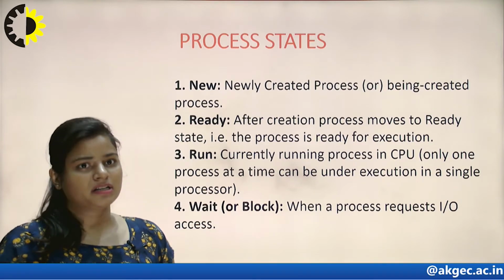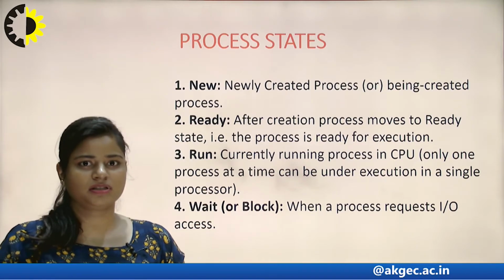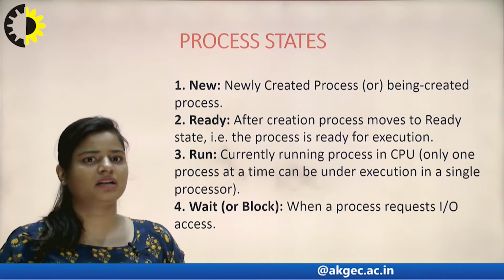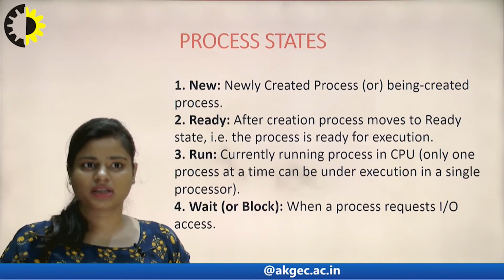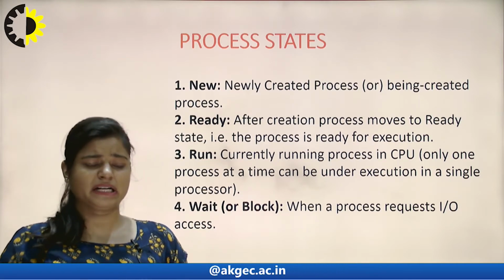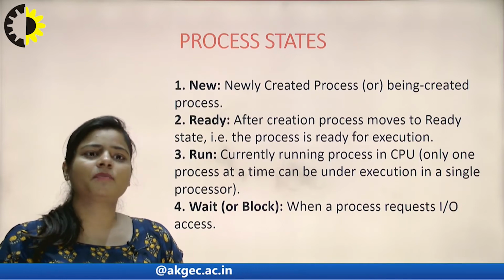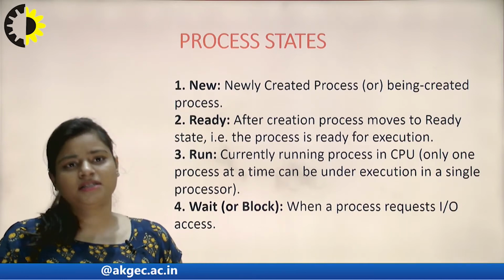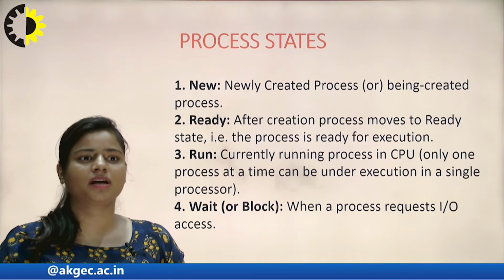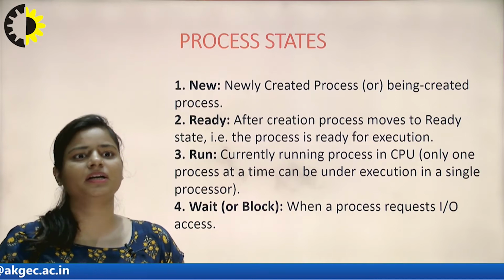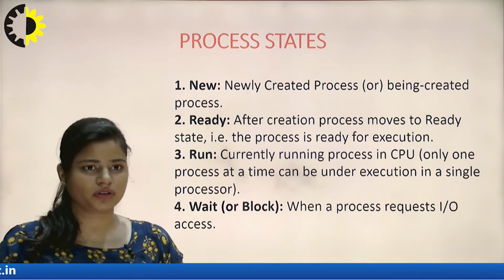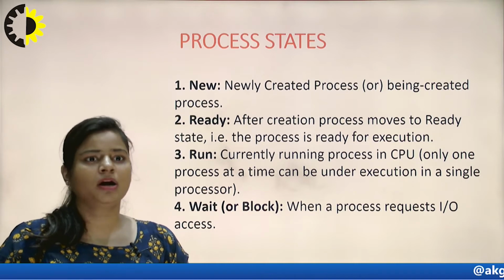The third one is the run state. It is the process currently running on the CPU; only one process at a time can be under execution on a single processor. Whenever a process is running in CPU time, this current state is called the run state. The fourth state is the block or wait.